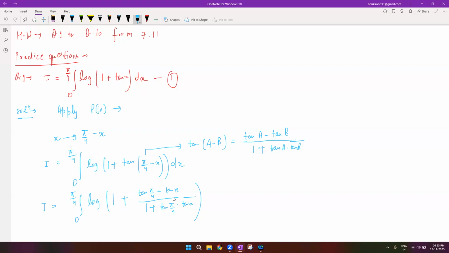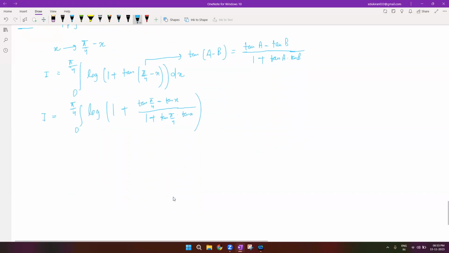We know the value of tan pi by 4 is 1. So the equation reduces to I equals the integral from 0 to pi by 4 of log of 1 plus 1 minus tan x divided by 1 plus tan x.